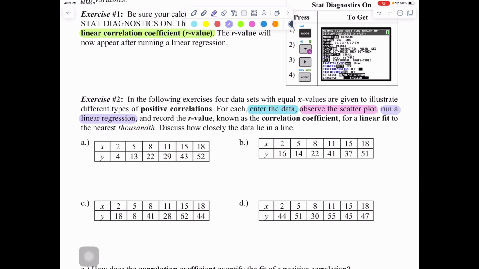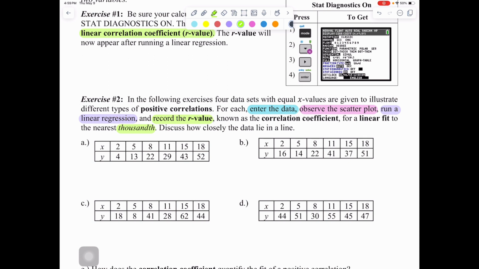And then what's new to today, I'll use the same color I did up above, is record that R value, known as the correlation coefficient, for a linear fit to the nearest thousandth. So nearest thousandth is 3 decimal places. And then based on the numbers that we're getting, we'll discuss how closely the data lies to the line.